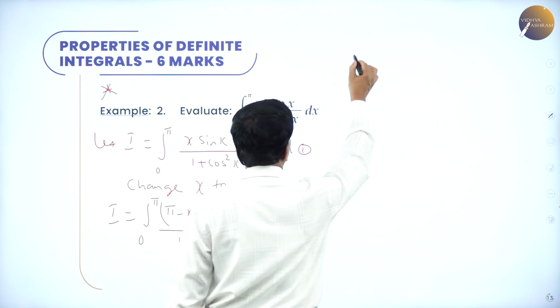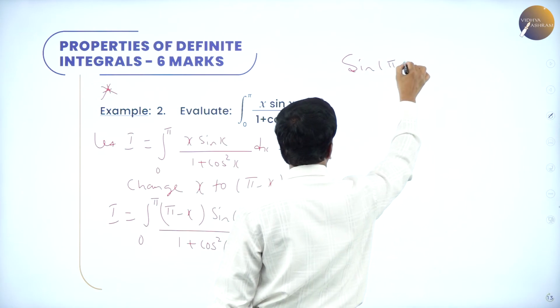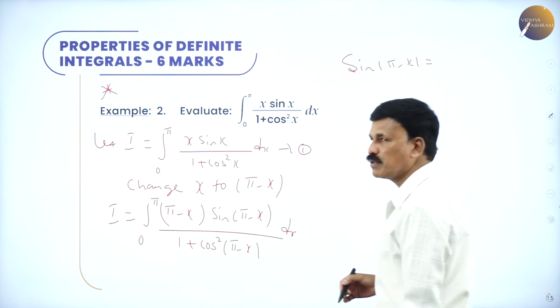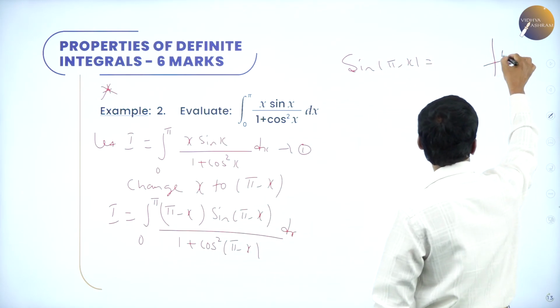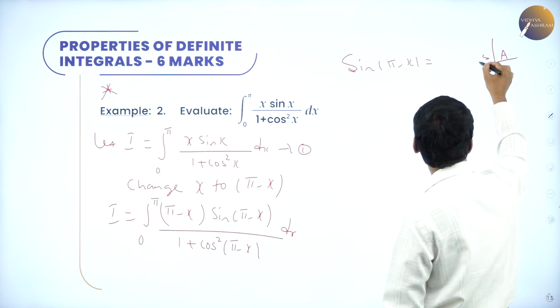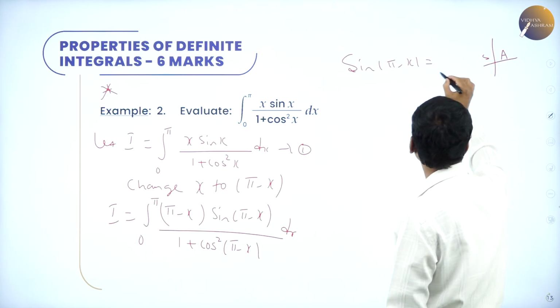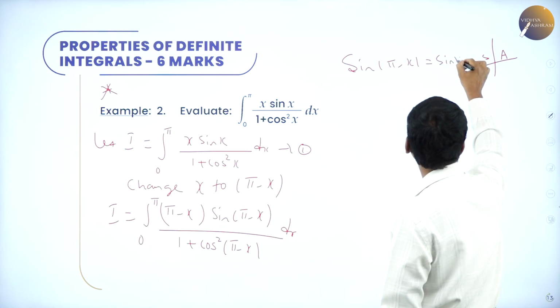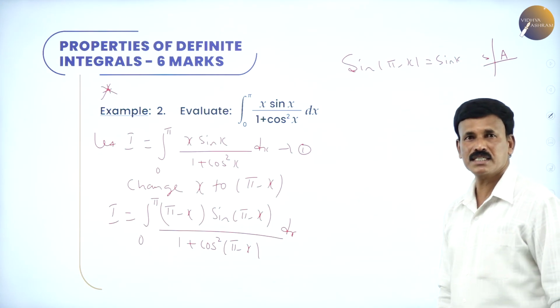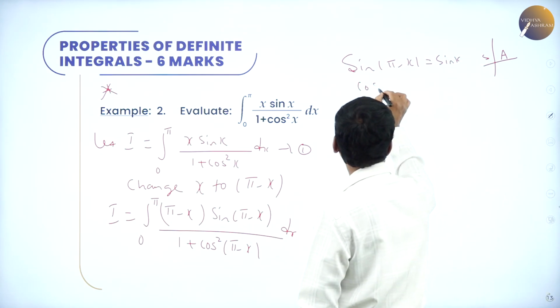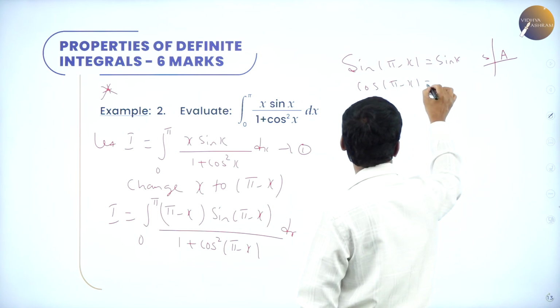Now you know the formula, what is sine 180 minus theta? It comes in second quadrant. In second quadrant, sine is positive. It remains the same, sine 180 minus theta is sine theta. And what is cos 180 minus theta? It is minus cos theta.